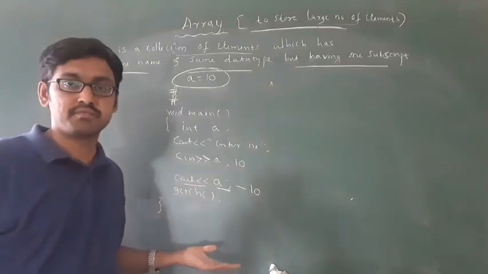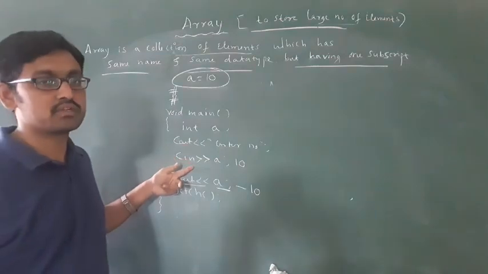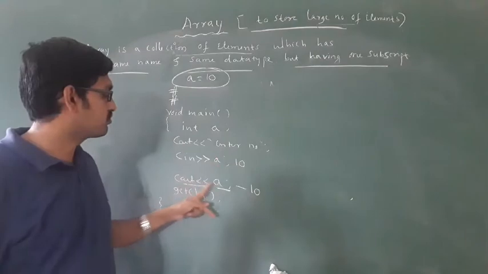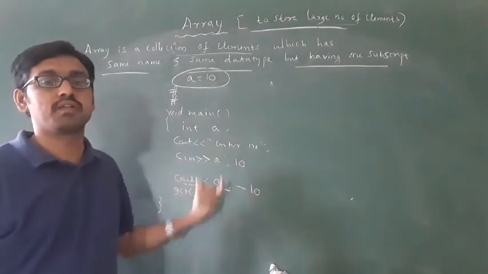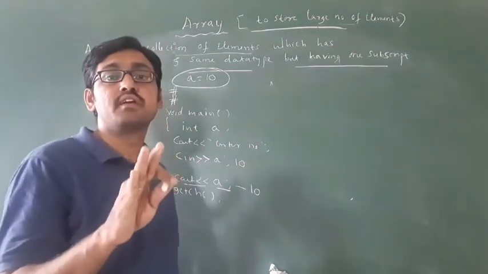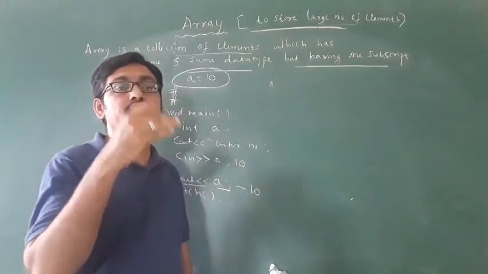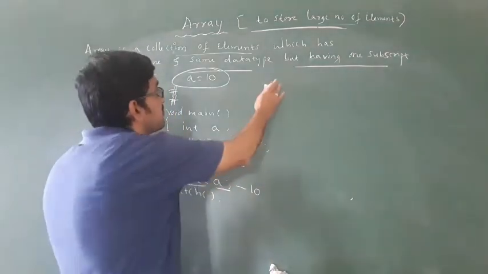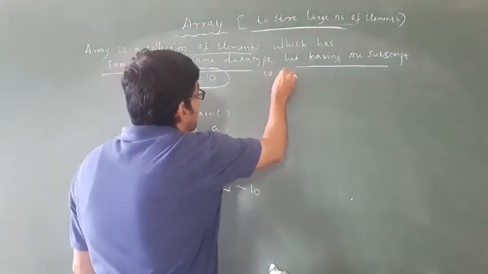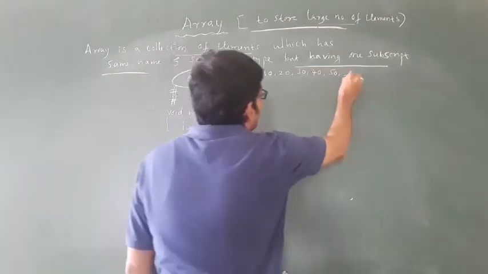This is a normal variable. How to display numbers in a normal variable? The cin statement is used to store the number, then cout is used to display the number. Now I want to display 10 numbers, for example 10, 20, 30, 40, 50 up to 100.